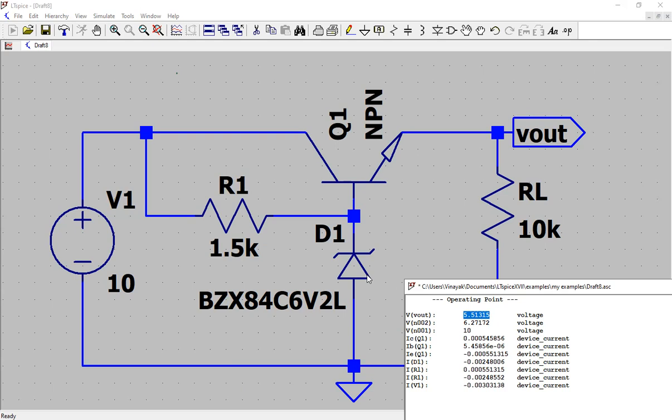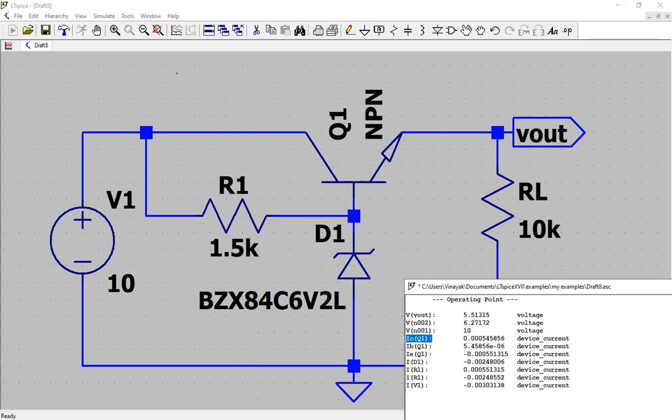That is the Zener voltage Vz minus VBE, so nearly the same. Now what is the voltage at N002? It is 6.2, which is the Zener voltage at this node with respect to ground. What is N001? This is 10 volt, the voltage of the unregulated supply at this node.